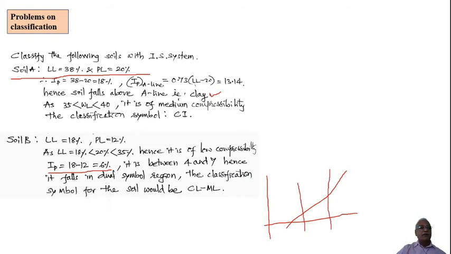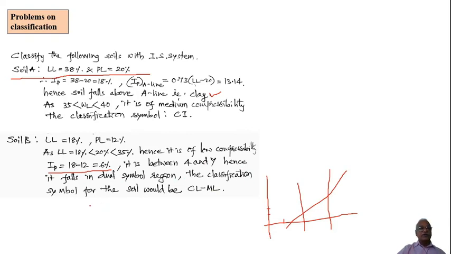Here liquid limit is 18%, means somewhere there, and the soil will be falling in this region. That's why it has low compressibility. IP is 6%, so it is between 4 and 7. You know that here there is 4 and 7, hence it falls in a dual symbol region.